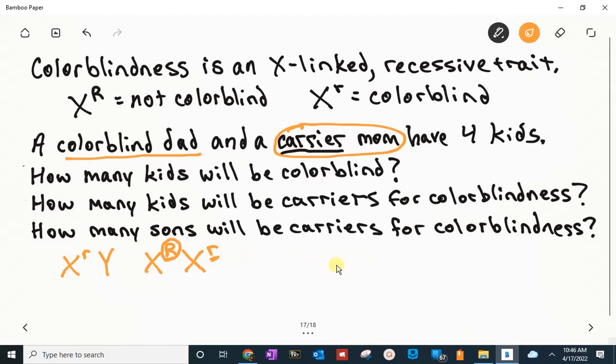So let's do a Punnett square for this. The mom is going to have one X chromosome that's dominant for not colorblindness and one X chromosome that's recessive for colorblindness.